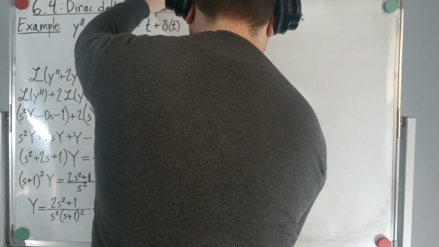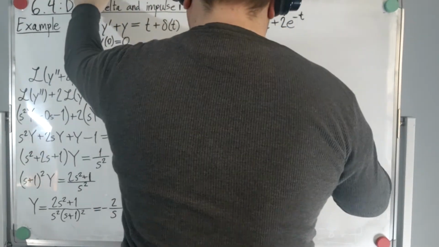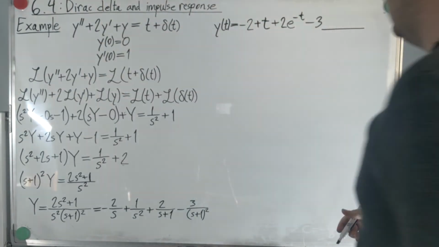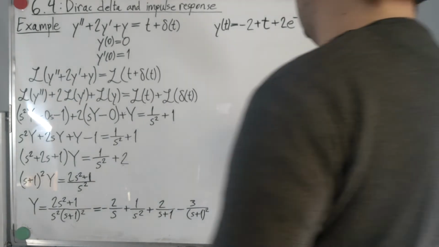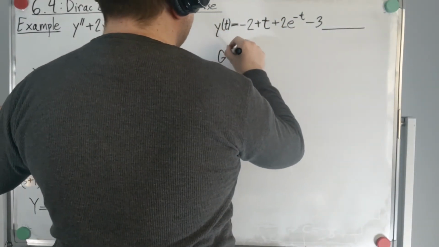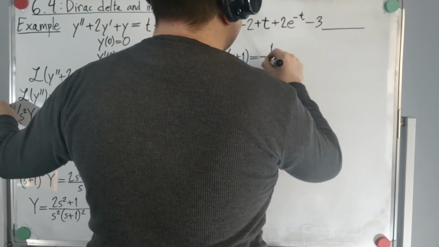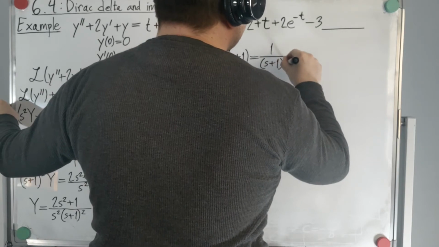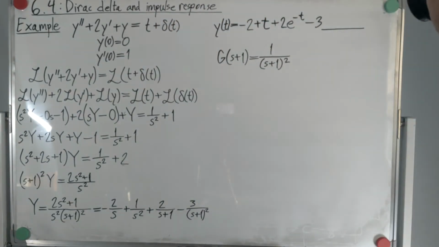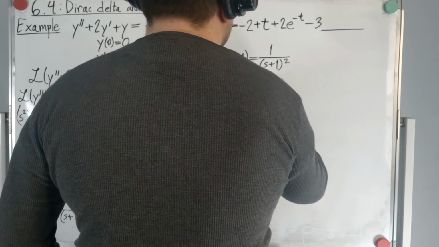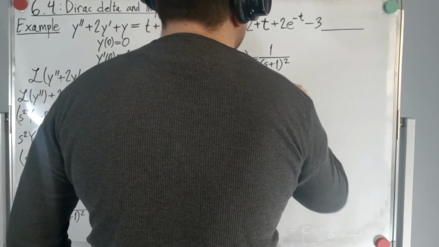So in order to deal with this, I'm going to name a new function. So this is going to be minus 3 times something, right? But that something is what we're trying to figure out. I'm going to name G of (s plus 1) equal to 1 over (s plus 1) squared. Okay, well in that case, G of s is going to have to be just 1 over s squared.